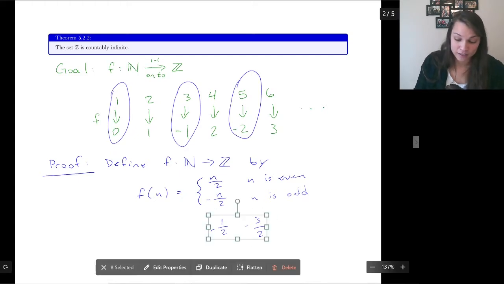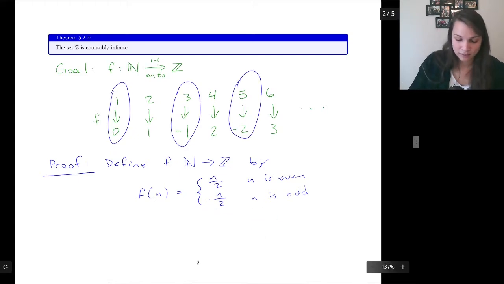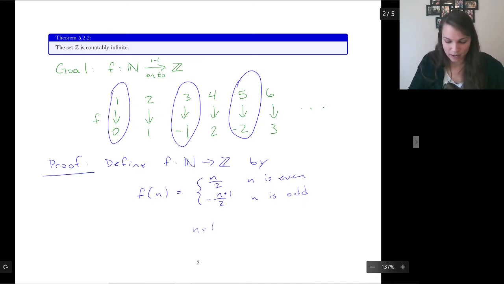I can just offset it, though, by 1. So then the question is, do I want to offset it by a plus 1? Let's just give that a go. n is equal to 1, so that would be negative 1 plus 1 over 2, which is going to be a negative 1. n is equal to 3, so that would be negative 3 plus 1 over 2, which would be negative 2.